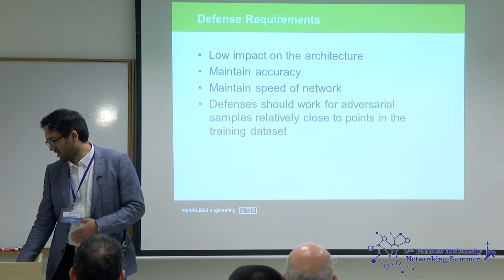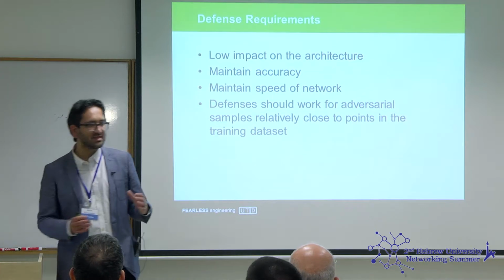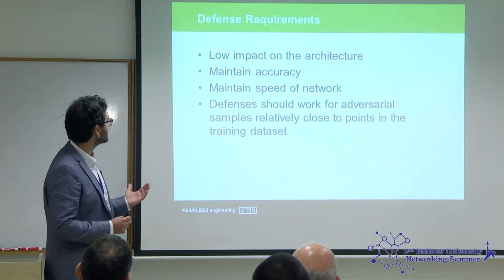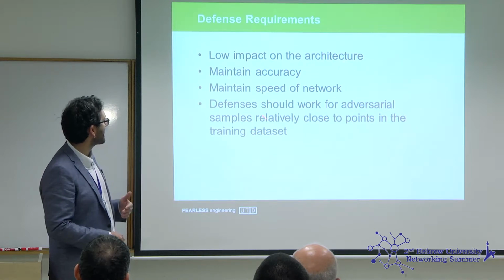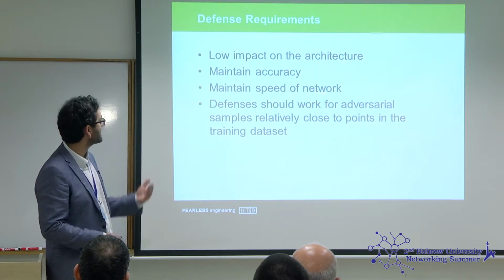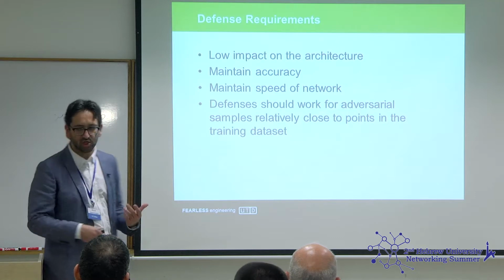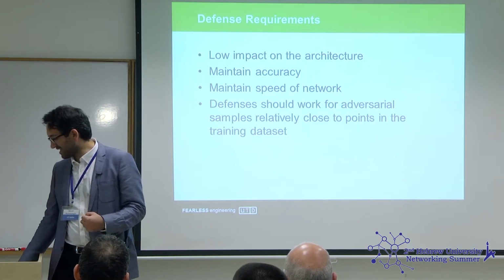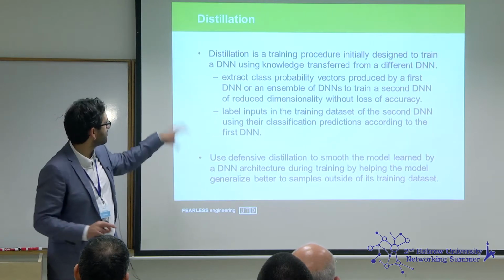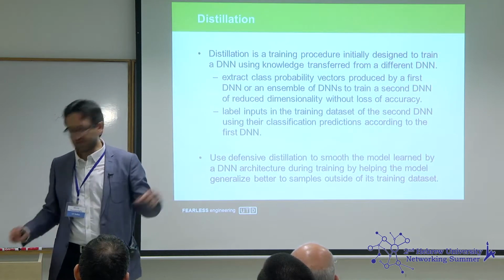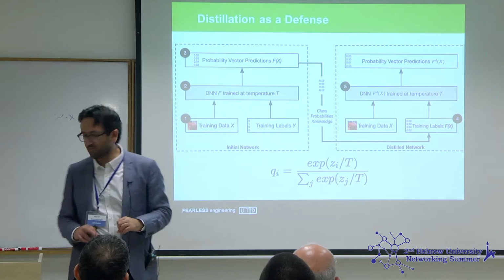The reason I mentioned all this is that they try to build a defense against this attack that has a low impact on the architecture, maintains accuracy, maintains speed, and sends attacks away. As I mentioned, I have lots of text in case someone reads it, so that's the reason I'm jumping through them.